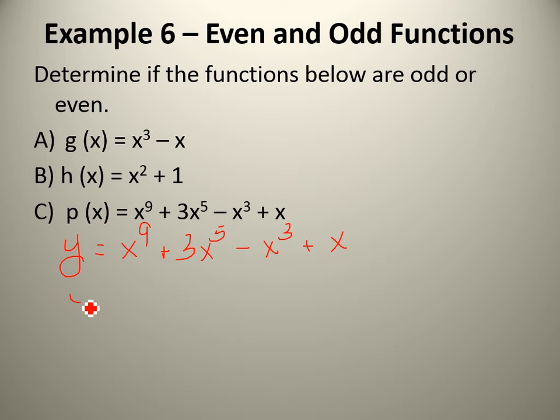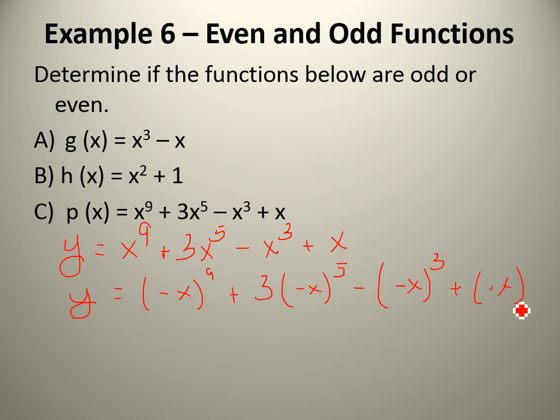So I got y equals negative x to the 9th plus 3 times negative x to the 5th minus negative x cubed plus negative x.